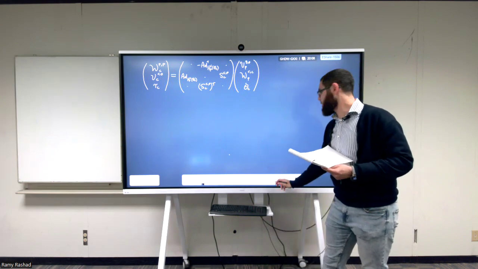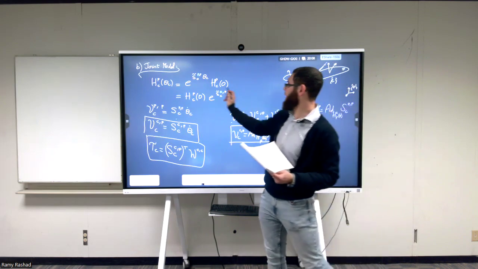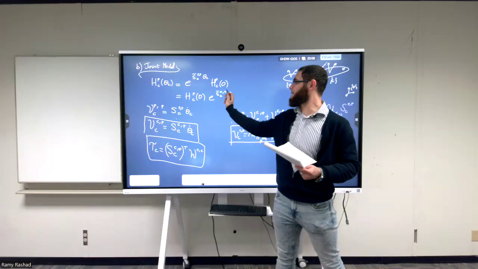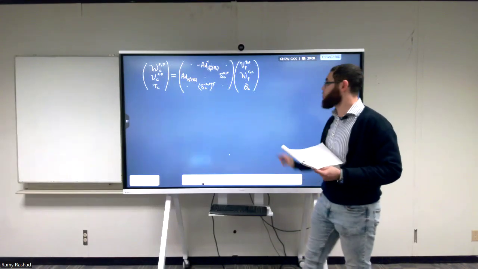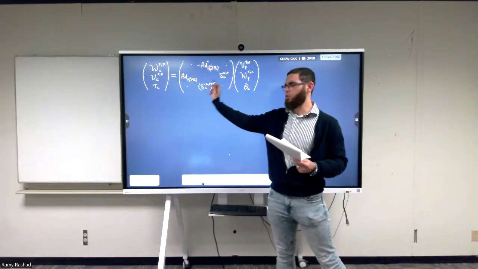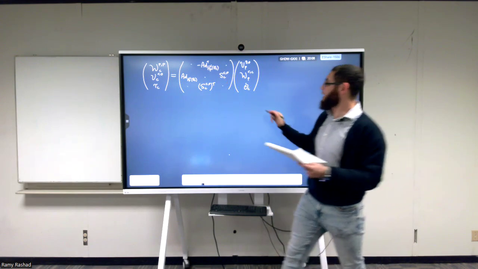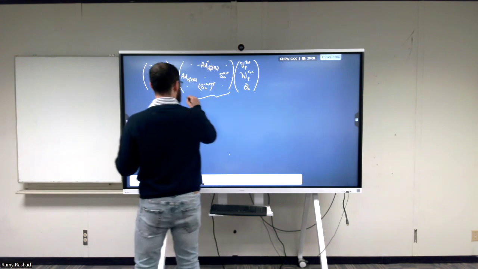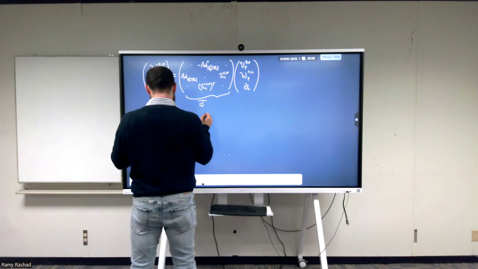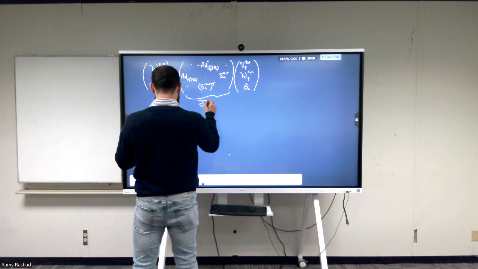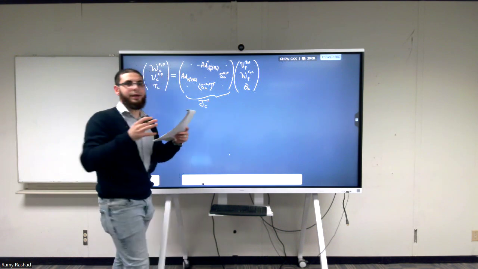In the end, how do we calculate the HPC with respect to theta C? With the exponential. What does the exponential need to have? It needs to have this expression. You see SCPC, which is also here SCPC. So everything here in the end is just a matrix that we're going to call the joint matrix or the joint transformation.